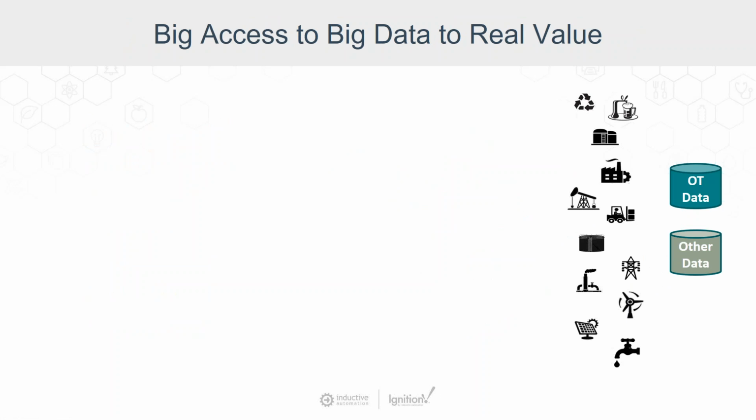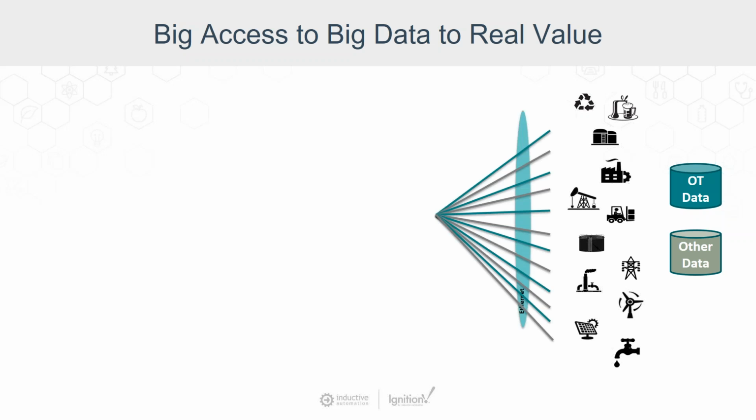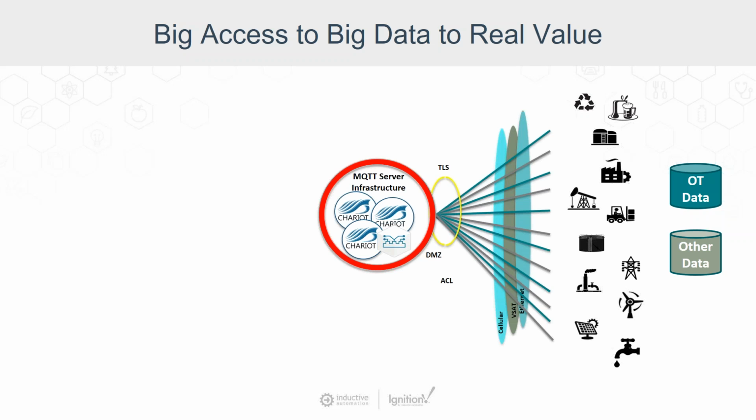So think about it, not only from the brownfield world, but from the new equipment that we purchased. We have a lot of OT data out there in the field, and in some cases, up to 90% of that data is stranded in the field, and we want to get access to that. We want to bring it into our infrastructure. And so if we can put these edge gateways in place, or if the device can support MQTT natively, no matter what, we're getting all this OT data, and we're publishing it up through infrastructure, over these different mediums, Ethernet, VSAT, cellular, to an MQTT infrastructure, and we can do that securely.